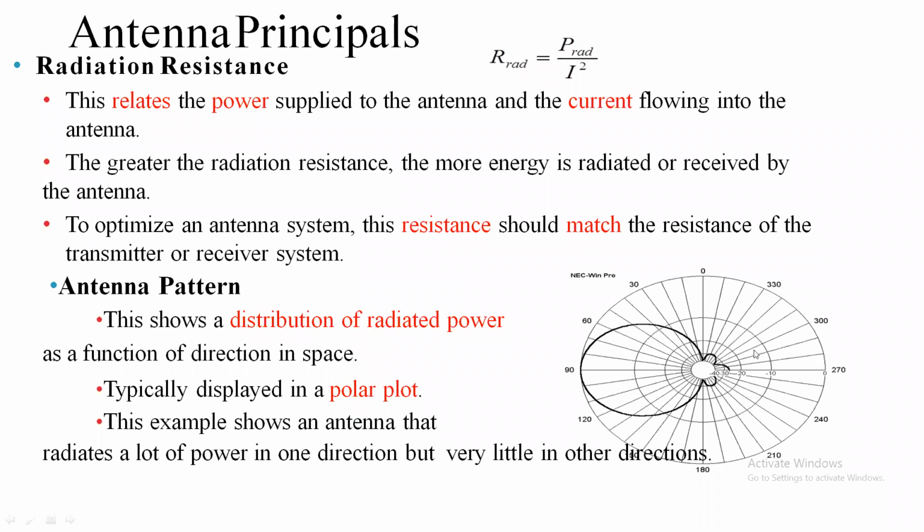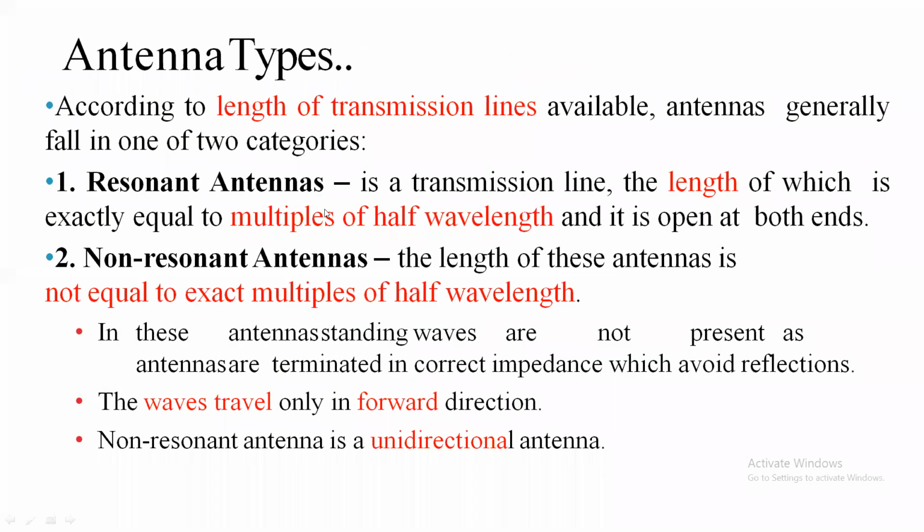If the antenna length is a multiple of half of the wavelength, that means lambda by 2 multiples, then it is called a resonant antenna. Otherwise, it is called a non-resonant antenna. Right?